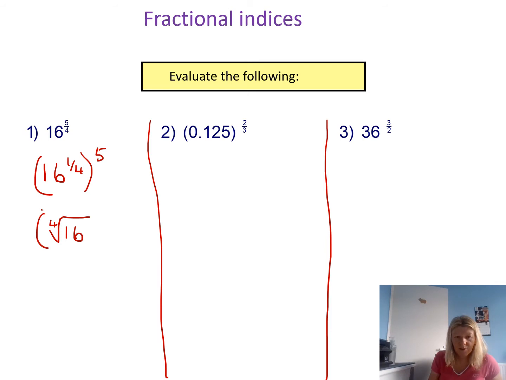So what times itself 4 times makes 16? Well, that's 2. That's 2 to the power of 5. And 2 to the power of 5: 2, 4, 8, 16, 32.